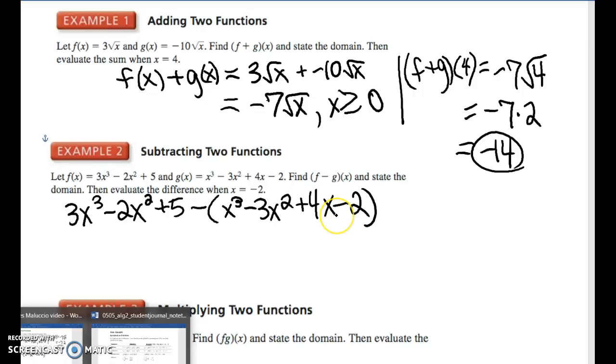I put this in parentheses because I have to distribute this negative to each term and subtract.